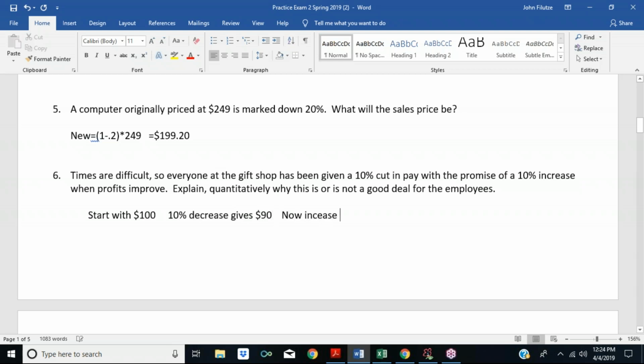Now increase the $90 by 10%, which is $9, right?